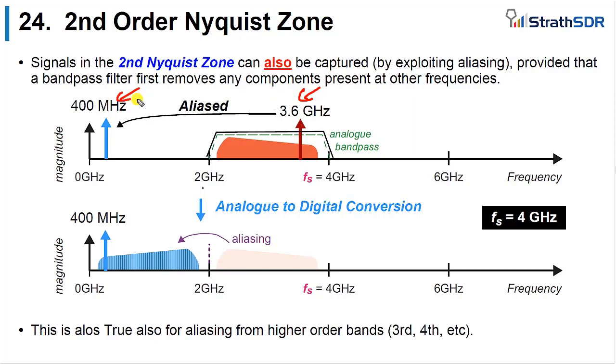We can see that goes down to 400 megs, so that's great. So as long as you have the analog bandpass filter, again, as we discussed earlier on, remove all of the energy above 4, remove all of the energy below 2, great. We will be able to take this band 2 to 4 gigahertz, and we can bring it down to 0 to 2 gigahertz, and we can get the information at 2 to 4 gigahertz in the RFSoC.